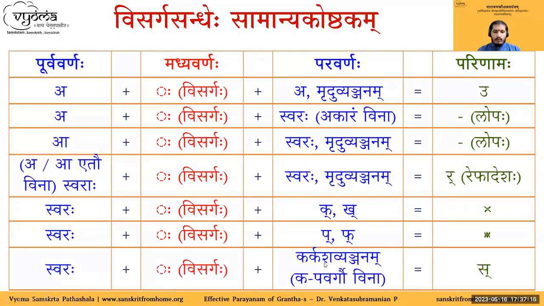And last, if the Purvarna is Swara, Madhyavarna is Visarga, and the Paravarna is Karkasha Vyanjana except the previous two, that is Karka, Papa, except these two. If any other Karkasha Vyanjana comes, then we will have the Adesha Sakara. S will be the Adesha which occurs in place of Madhyavarna, which is the Visarga.